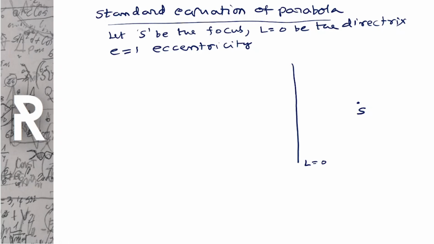First of all, I am drawing the axis. This is the axis, which passes through the focus and is perpendicular to the directrix. SZ perpendicular to L equal to 0 is the axis of the parabola.